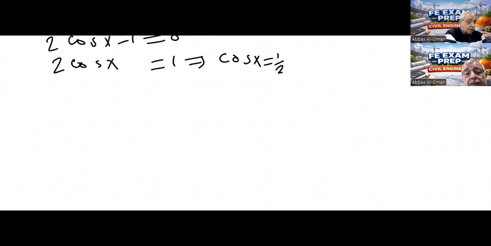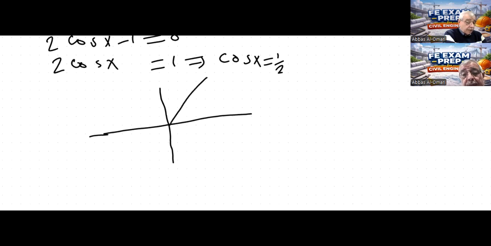If this is the Cartesian coordinate, these are the quadrants, the first, the second, the third, and the fourth. The angle that has its cosine as half is 60 degrees, or pi over 3. So the angle pi over 3, its cosine is half.